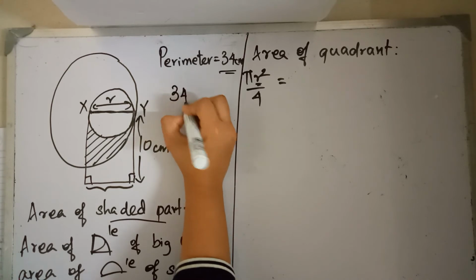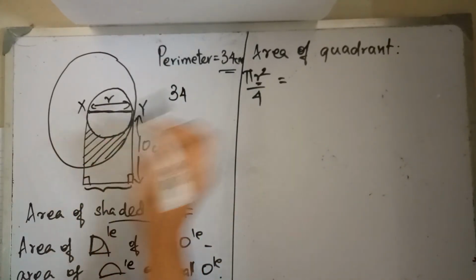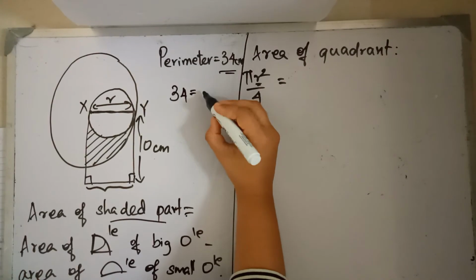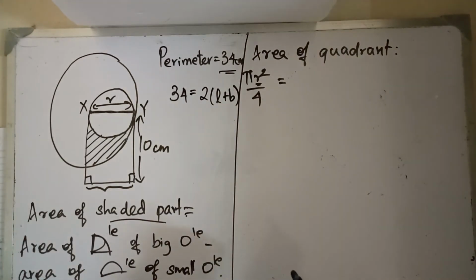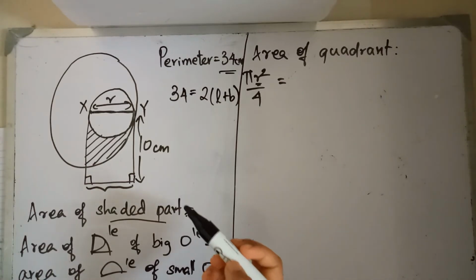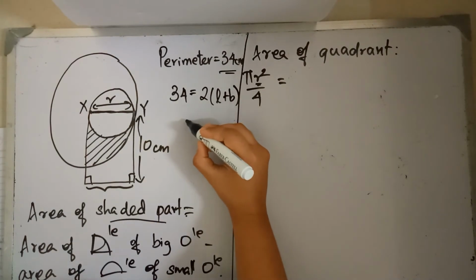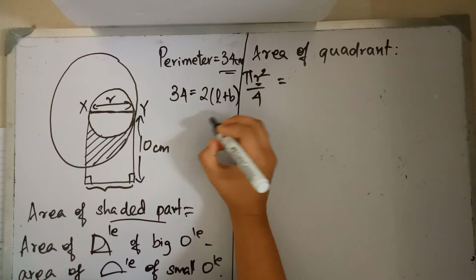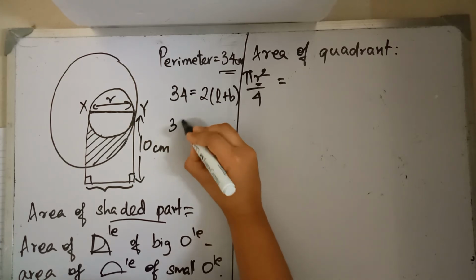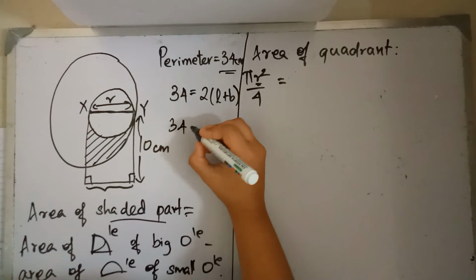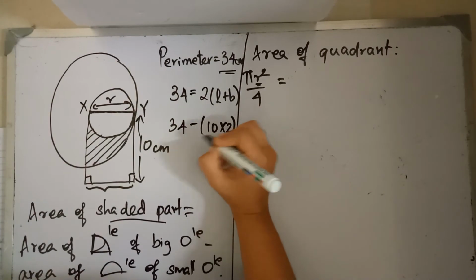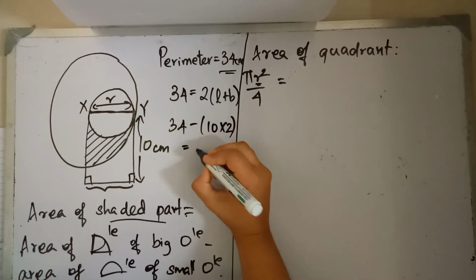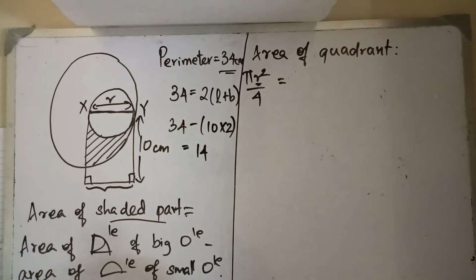So 34 is the sum of the length and the breadth into 2. This is the formula for perimeter. We know this side is equal to 10. So 34 minus 10 into 2 is equal to 14.